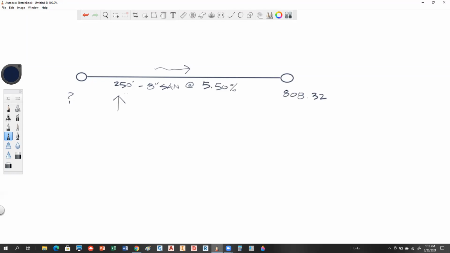When you see numbers on a set of plans, remember, I've said this multiple times, those distances are always what? Horizontal, okay? So we have the horizontal information. If I know the horizontal distance, what do I really need to solve this problem? We need the vertical distance from the first invert to the other.